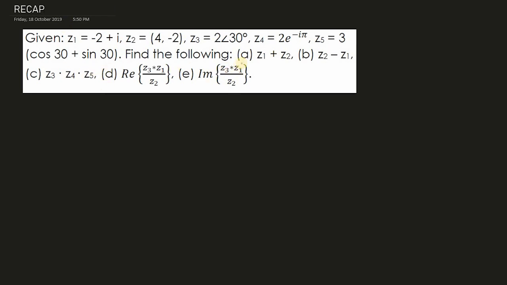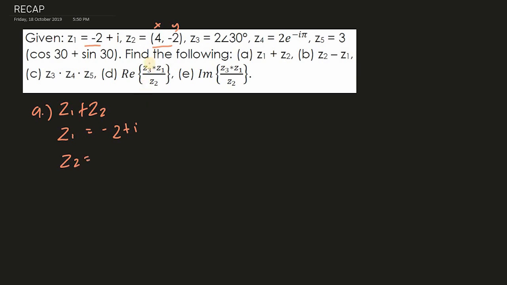Okay. So, first problem, letter A. Letter A, sabi niya, that's Z1 plus Z2. So, adding Z1 and Z2. Z1 is in rectangular form. Z2 is in coordinate form. And we can easily write this in rectangular form since this is X, this is Y. Writing that, so we first write Z1. Z1 is equals to negative 2 plus i.